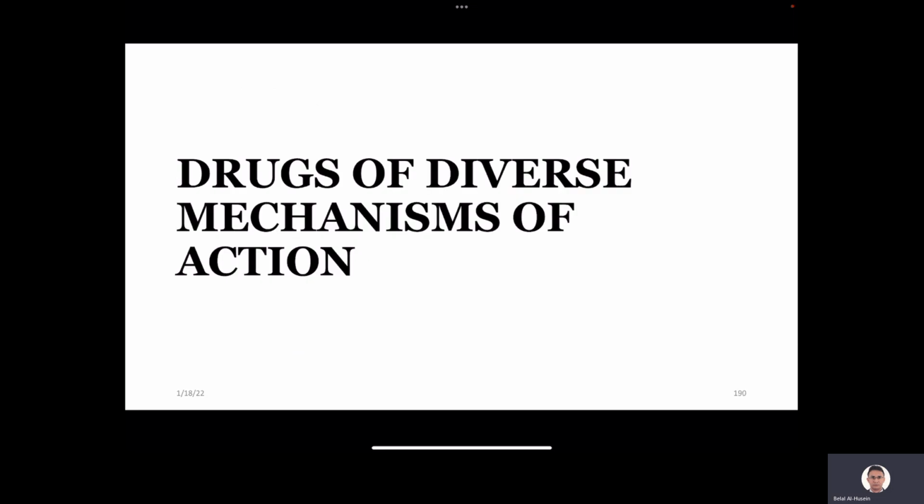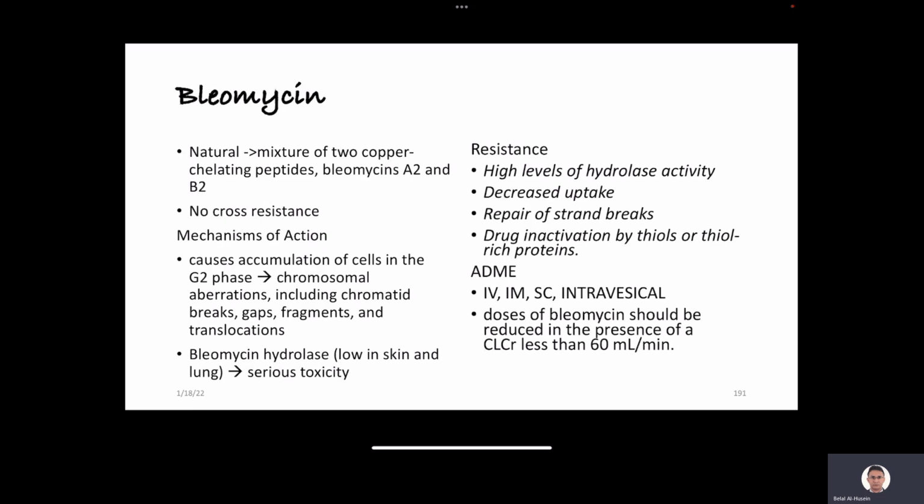Now, also we have miscellaneous drugs, or drugs with different mechanisms of action. One of them is bleomycin. Although bleomycin is known to be an anti-tumor antibiotic, which mediates DNA intercalation, it also has multiple other mechanisms. So bleomycin is a mixture of bleomycin A2 and B2, which are copper chelating peptides.